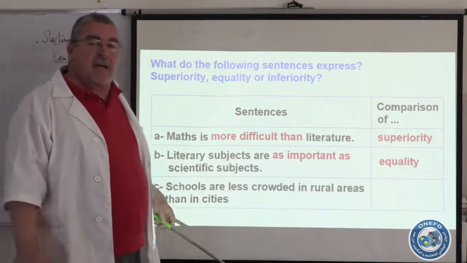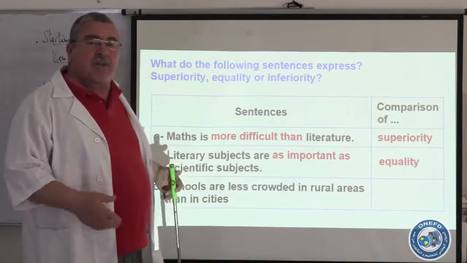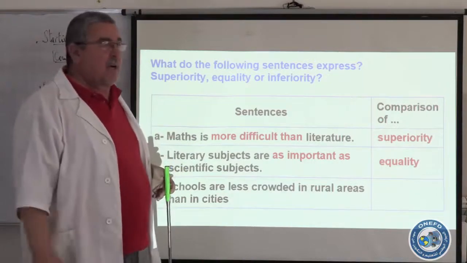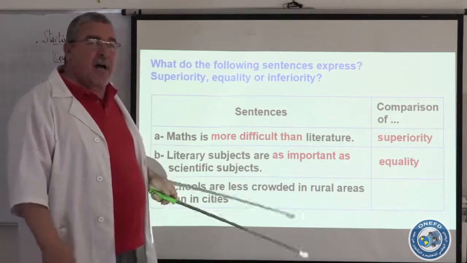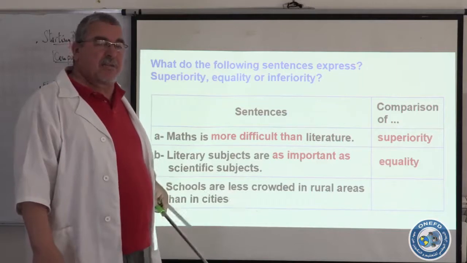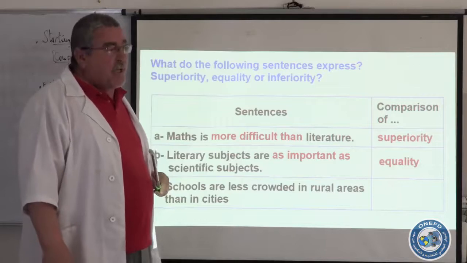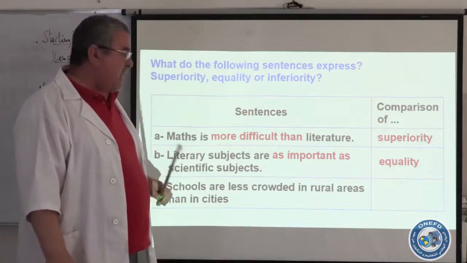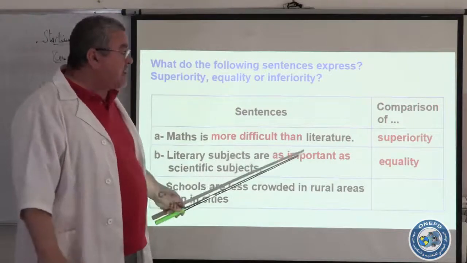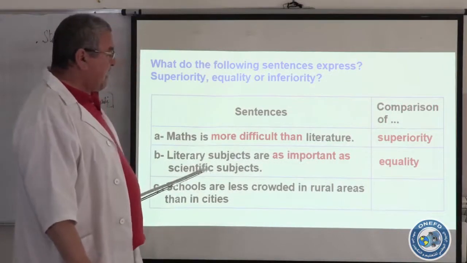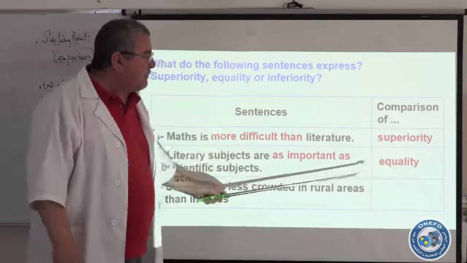You know that some students say, I'm not going to give importance to philosophy or to history because I am in the scientific streams. So be careful, that's not good behavior. So literary subjects, remember, are as important as scientific subjects. And we are expressing here equality.